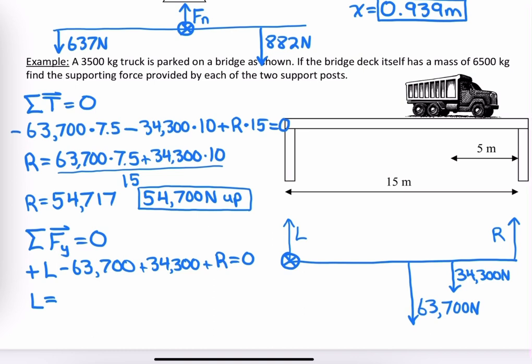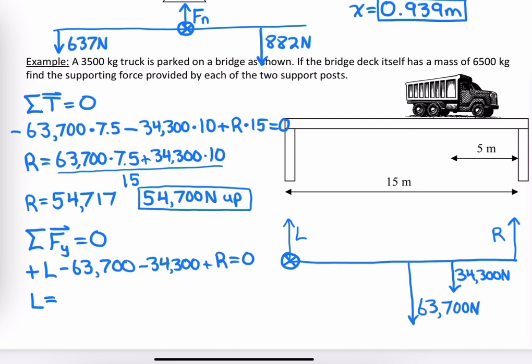That mistake was that both of these two forces are going down, so they should both be negative. I wrote one as negative and one as positive. So let's go in and fix that. This positive should actually be a negative. That cleans things up a bit.